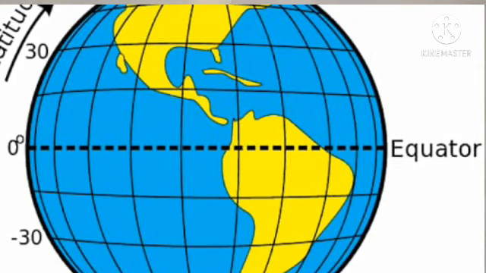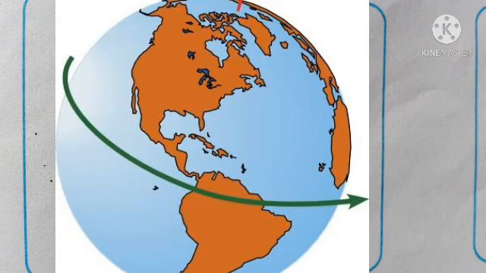Now we come to know about latitude. What are latitudes? An imaginary line that is drawn halfway between the North Pole and the South Pole is called the equator.